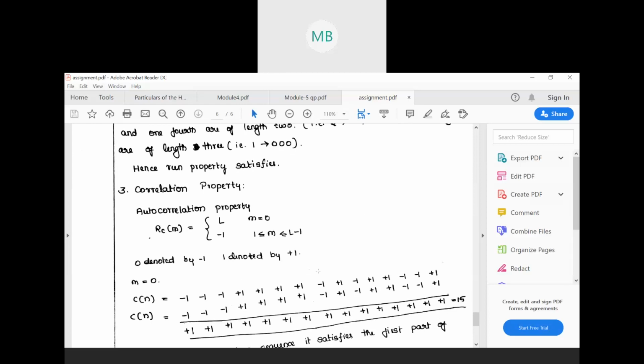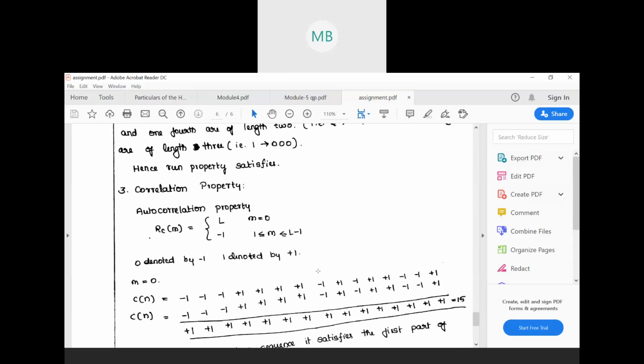So Rc of k equals L for k equal to multiples of L. That means for k equal to 0, 15, minus 15, 30, minus 30, etc., the autocorrelation value is L. And the autocorrelation value is minus 1 for k not equal to multiples of L.